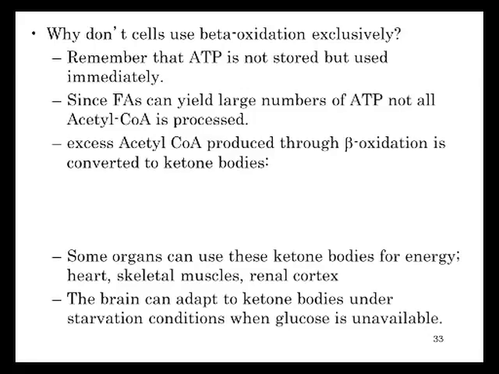And what we get is an excess of acetyl-CoA. Not all the acetyl-CoA will actually go through the citric acid cycle. If there's too much ATP, citric acid cycle will stop, and that acetyl-CoA has to take another pathway.